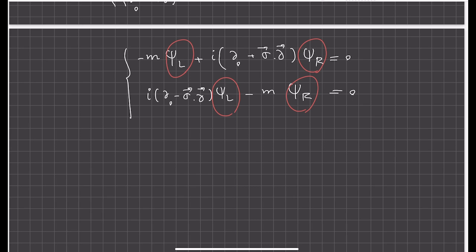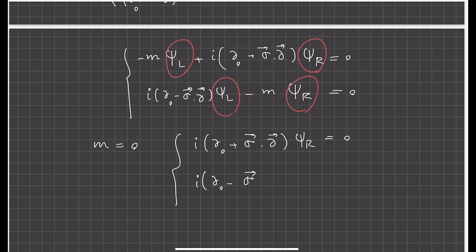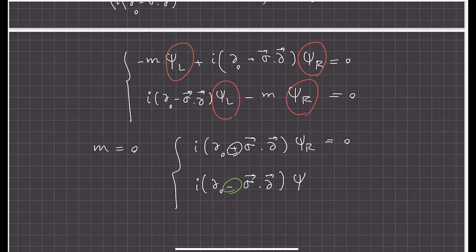So if the mass is 0, then all I have are two independent equations. I have the Dirac equation independently for psi R, and then I have the Dirac equation in a slightly different form. That's the difference between right-handed and left-handed. There's a plus sign here and there's a minus sign here for the left-handed particle.